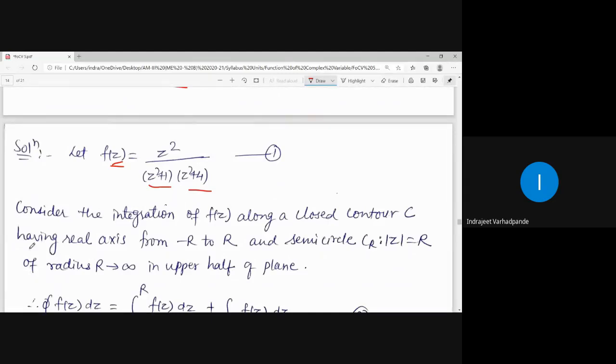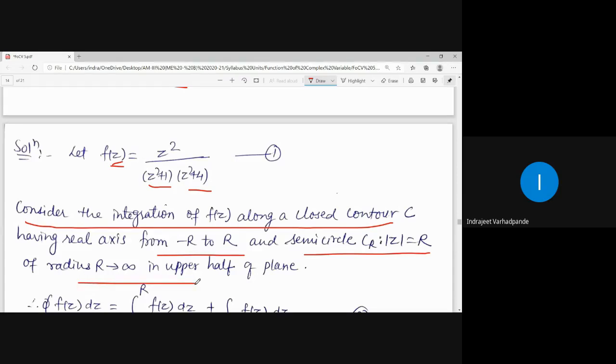What are those sentences? Consider the integration of f of z along a closed contour C having real axis from minus r to r and semicircle CR where it is mod z equal to r of radius r, r tends to infinity, in the upper half plane.